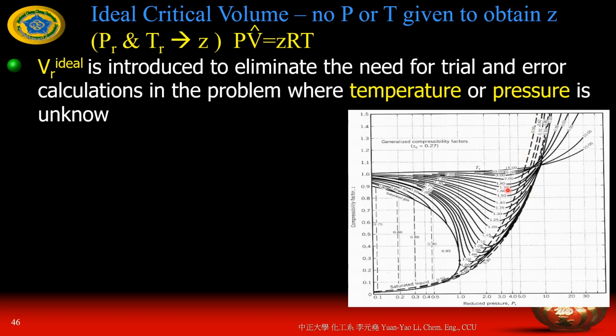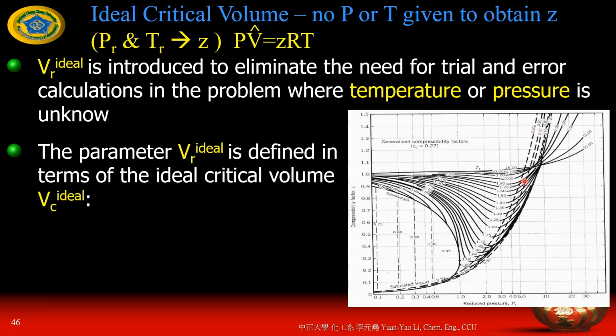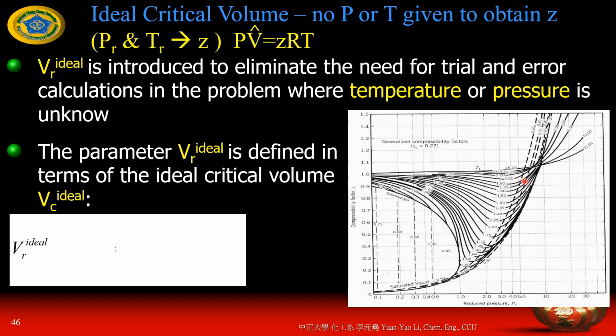This is VR ideal. I'm going to enlarge it to show you. Anyway, please remember this definition. You need to do the calculation if you need to. So what's the definition of VR ideal? VR ideal is V over carat divided by VC ideal over carat.